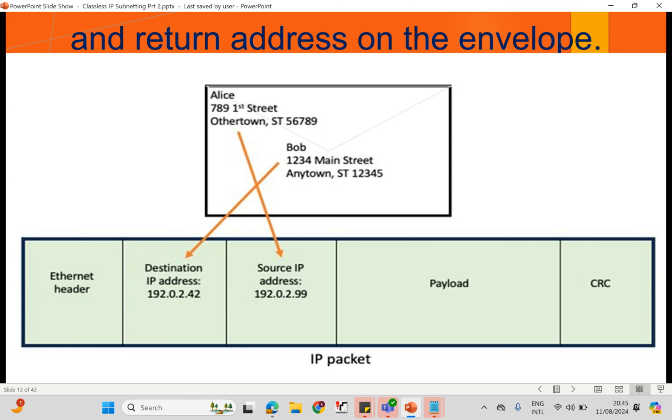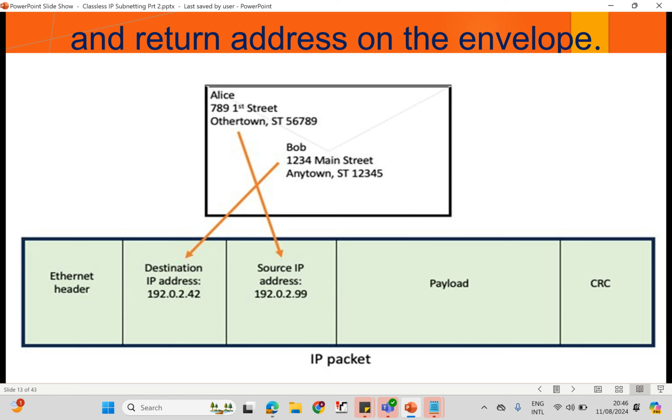Okay, you can look at it from here. So we have the Ethernet header, we have the destination IP address, and we have the source IP address. This is the way an IP packet looks. So we are trying to compare and contrast with a mail or a letter you are sending. The letter is coming from Alice, who lives at 789 First Street, Other Town, ST 5C789, and is sending it to Bob.